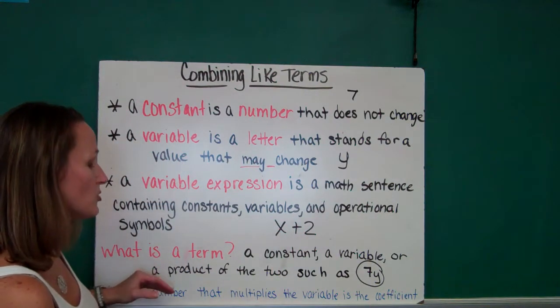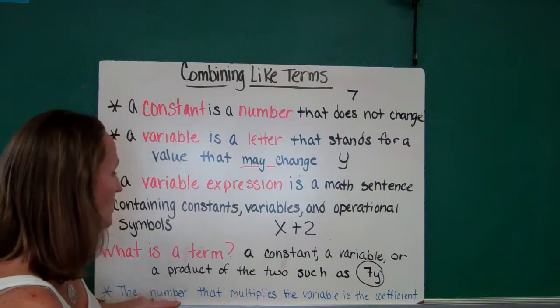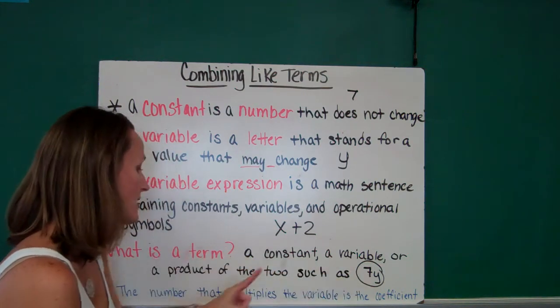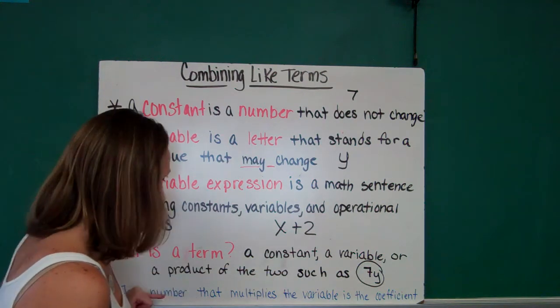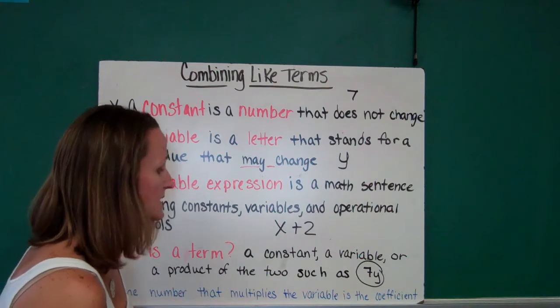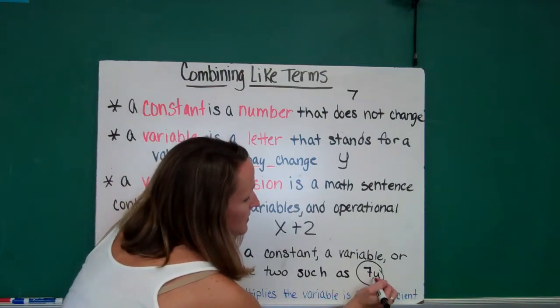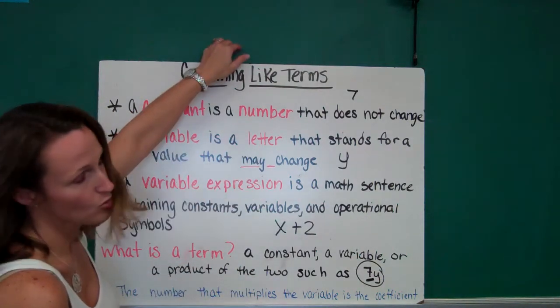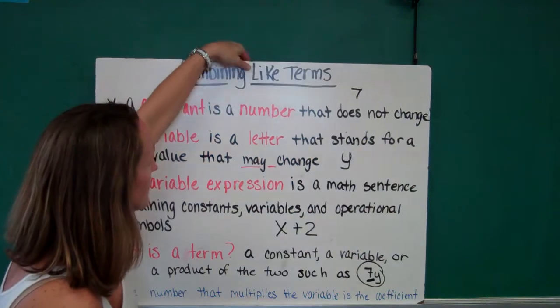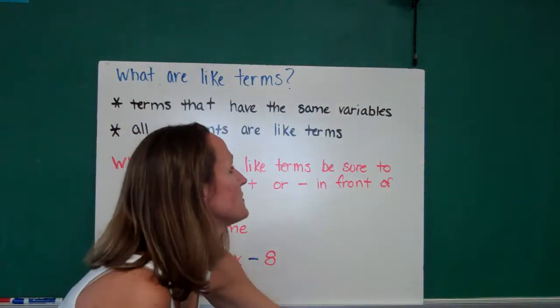And then we have a term, which can be a constant, a variable, or the product of the two, such as 7y. And the number that multiplies the variable is a coefficient. So in the term 7y, the coefficient would be 7. Okay, important things for you to remember.